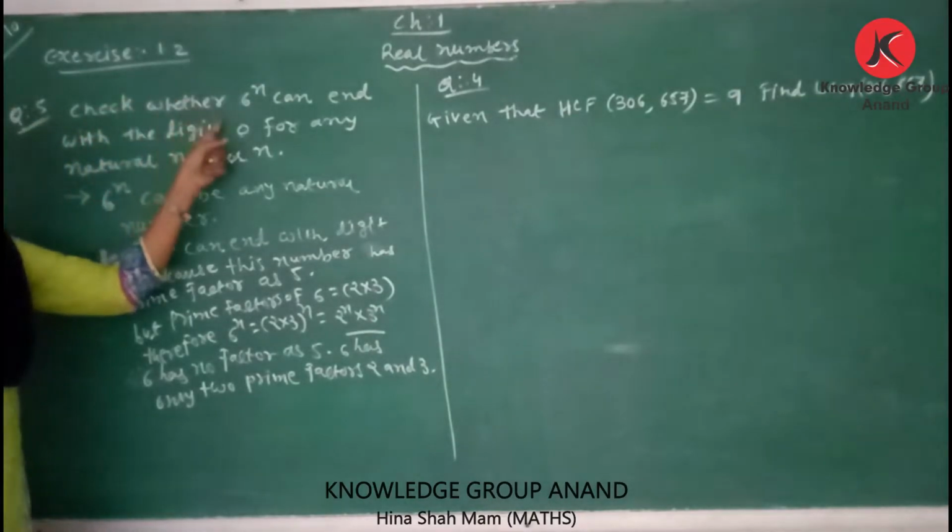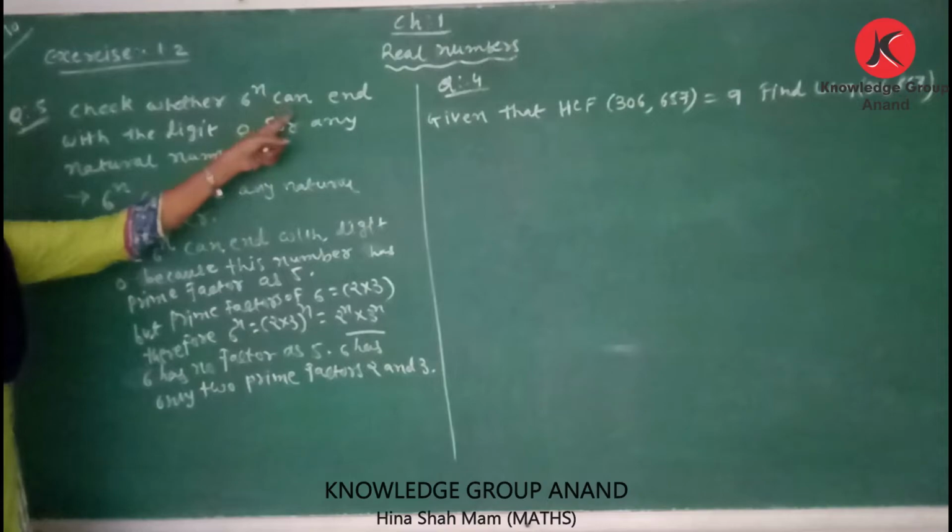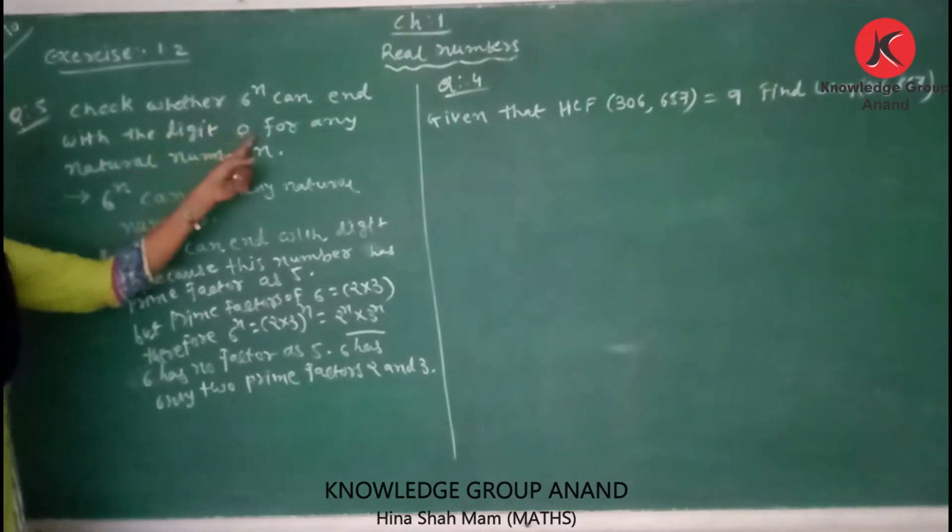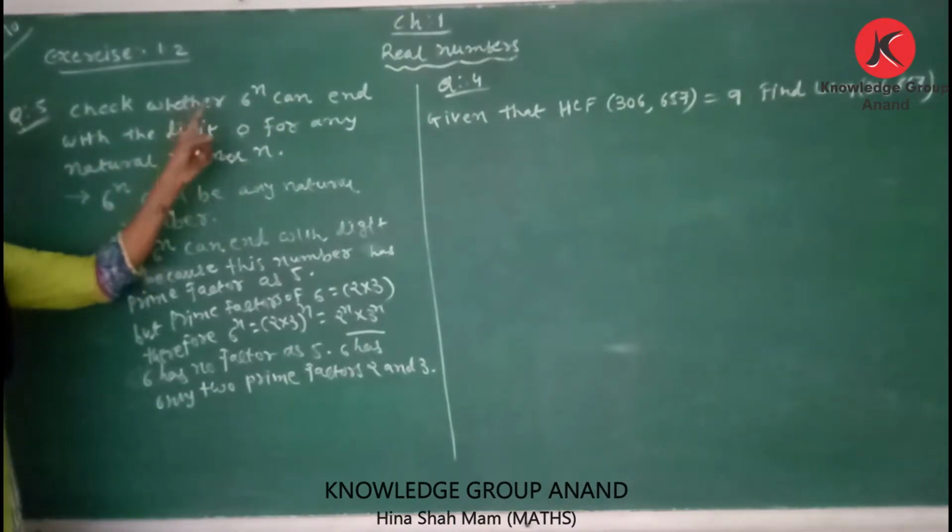Therefore, here we check: can 6 raised to n end with the digit 0 for any natural number? No.